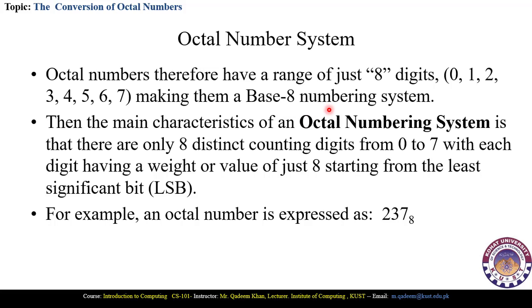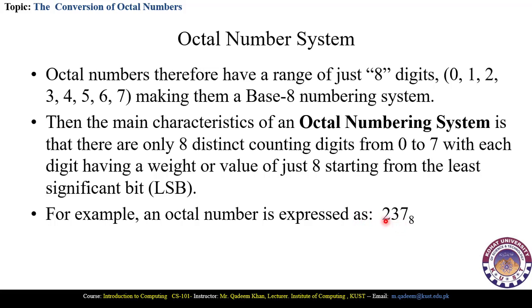Now the main characteristic of the octal number system is that there are only 8 distinct digits, and these digits are from 0 to 7, with each digit having a weight of a power of 8, starting from the least significant bit to the most significant bit. It means that our first digit will be the most significant, and the rightmost will be the least significant. For example, here 27237 to the base 8 is an octal number.